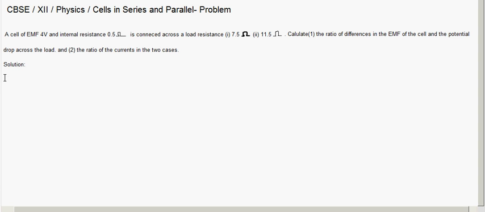First we will calculate E minus V in both the cases. Let us write the given things. Given the EMF of the cell E is equal to 4 volt. The internal resistance of the cell, small r, is 0.5 ohm.